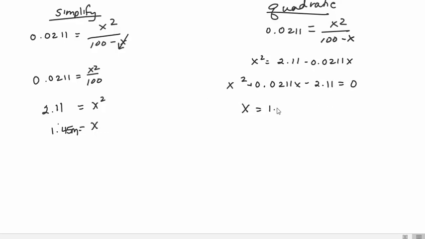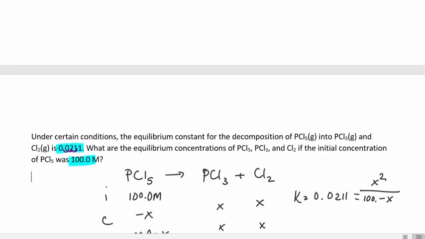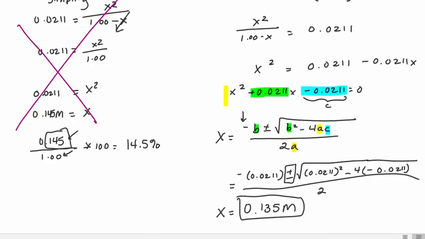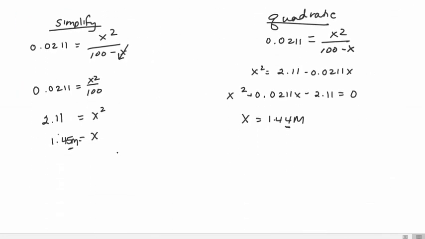So you see, that difference isn't going to be as noticeable when our initial concentration is 100 than when it's 1. And so you have to look at scales here. If we go back to our rule of 5%, I have 1.45, my x value, over my initial value times 100, which gives 1.45%. So that is a valid simplification.